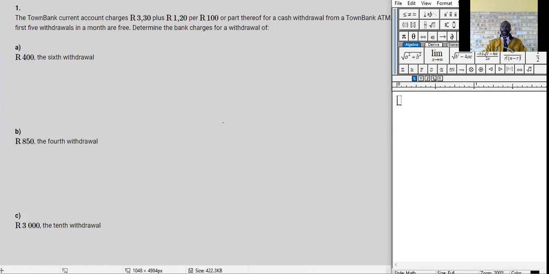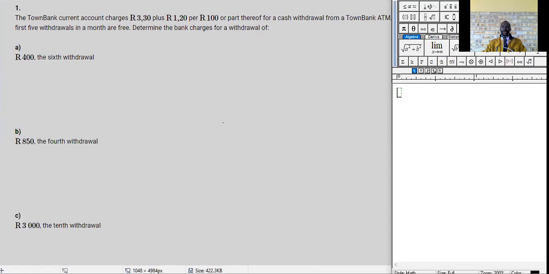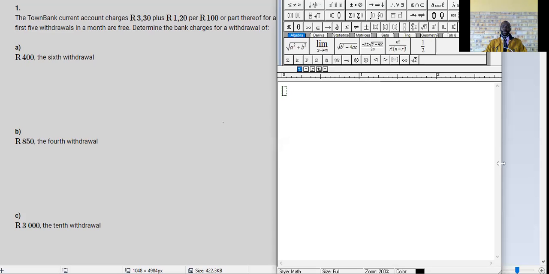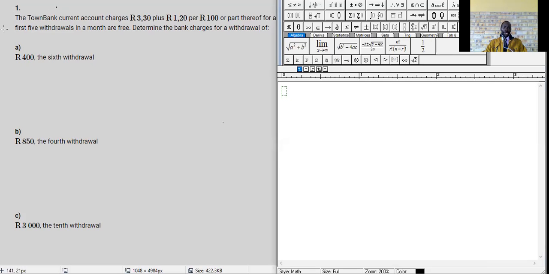So what does this mean? Well, the first 5 withdrawals in a month are free. This is some good deal, right? The first 5 withdrawals in a month are free. What is then charged?